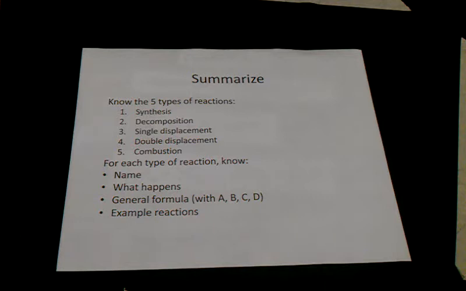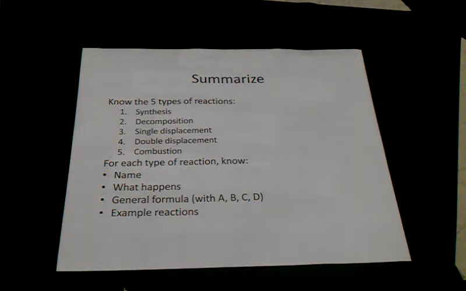Single and double displacement are also very similar. Single displacement means you have a single element with a compound, and double displacement means you've got two compounds, but still you've just got the ions changing places. Combustion, what we just talked about, where you have fire: an organic plus oxygen gives you a lot of heat, light, carbon dioxide, and water.